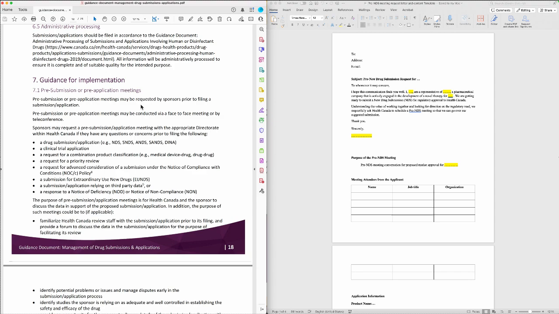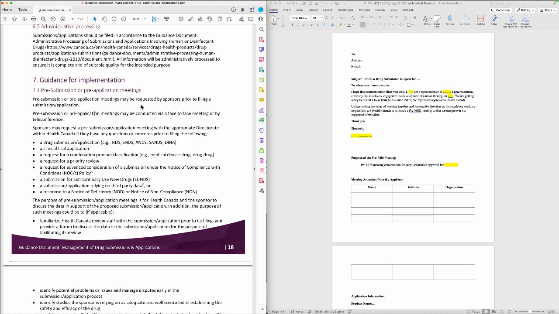What is also interesting is that when we are writing the content for the pre-NDS meeting, this is the place where we will be able to connect with scientific reviewers. This is why we also have in the slide, which I'm going to show you as well, that we are going to write some questions related to the statistics, for example.